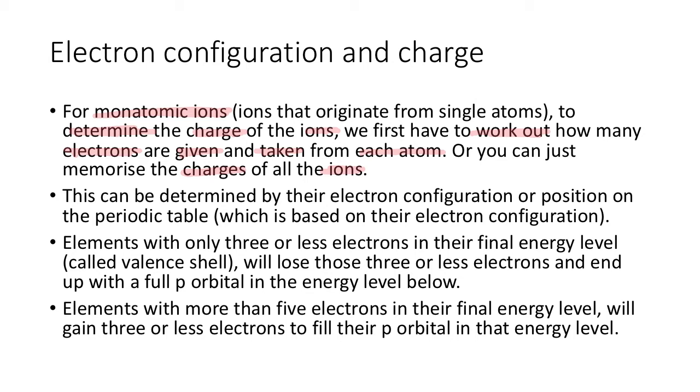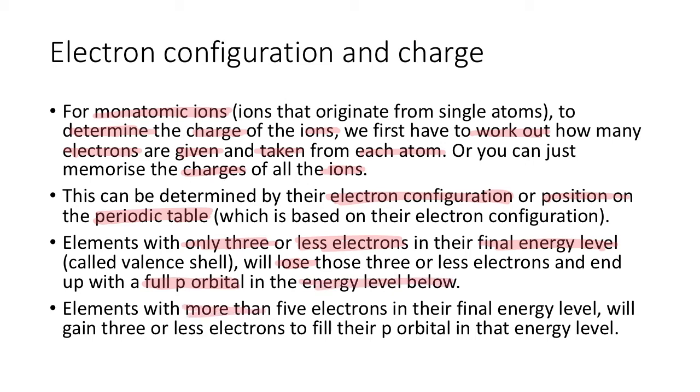This can be determined by their electron configuration. We've done all that work on electron configuration and their position on the periodic table, which, hopefully you remember, is based on their electron configuration. Elements with only 3 or less electrons in their final energy level will lose those electrons and end up with a full p orbital in the energy level below.